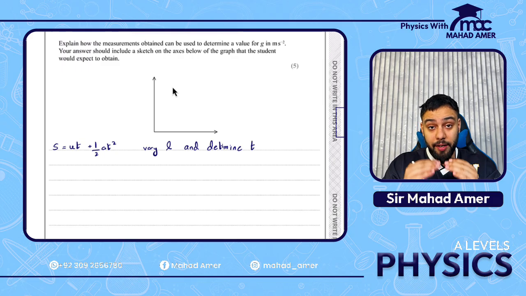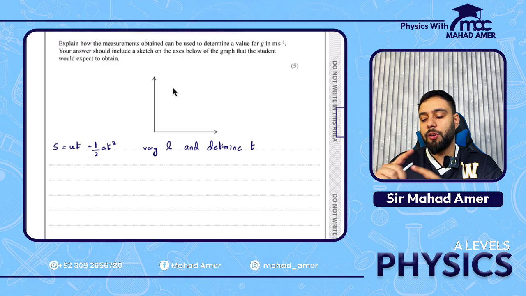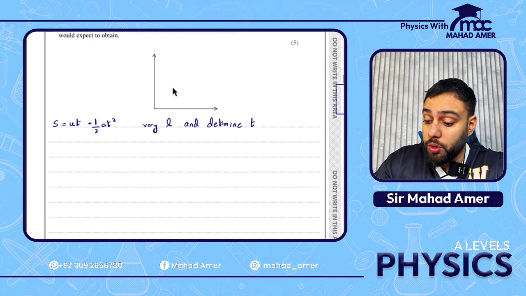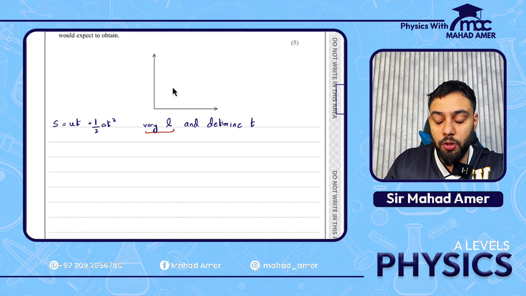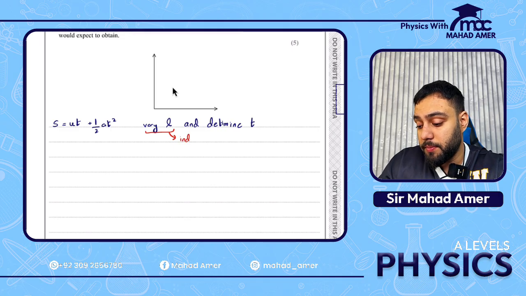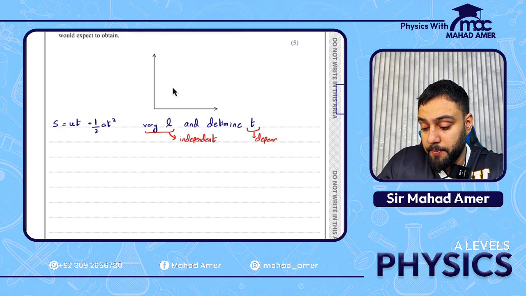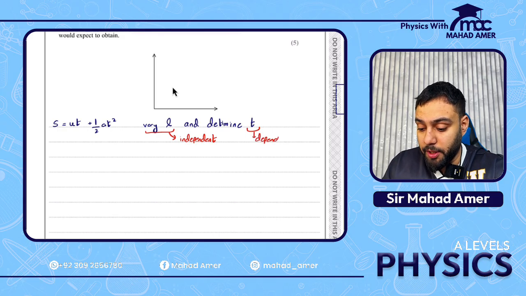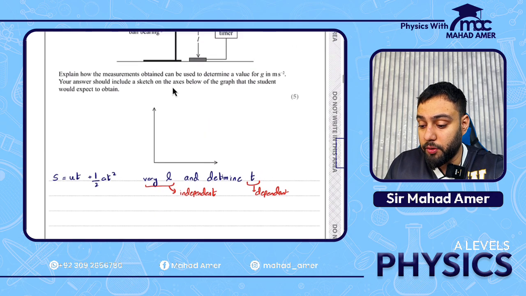You're going to be varying the value of length, and then you're going to be determining the value of t. Just because I'm not writing the answer, I'm going to be writing everything, but not in paragraph form. This variable is independent, and this time is dependent on L.